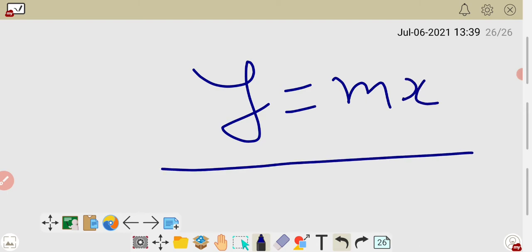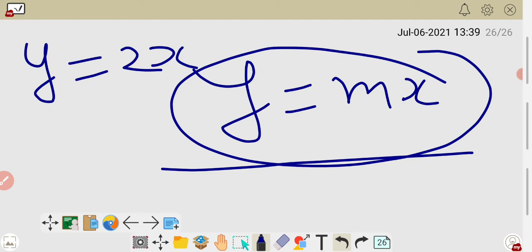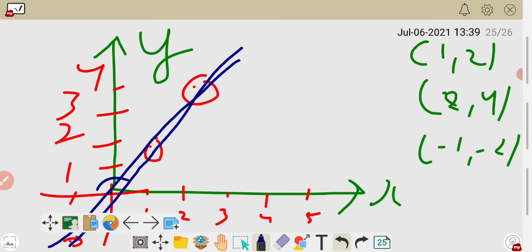One more example: y equals 2x. If in place of x you put 0, then y also becomes 0. So 0 comma 0 is there. It means this equation passes through 0 comma 0, that is the origin.